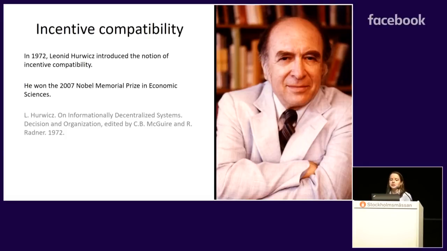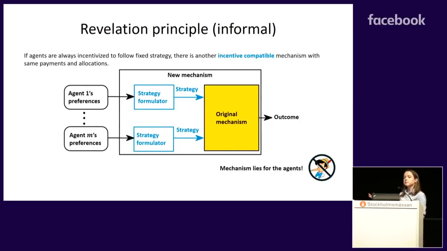And on another historical note, Hurwicz introduced this notion of incentive compatibility. He won the Nobel Prize in economics. And there's a fundamental concept in economics that, waving our hands a little bit, allows us to assume incentive compatibility without loss of generality.